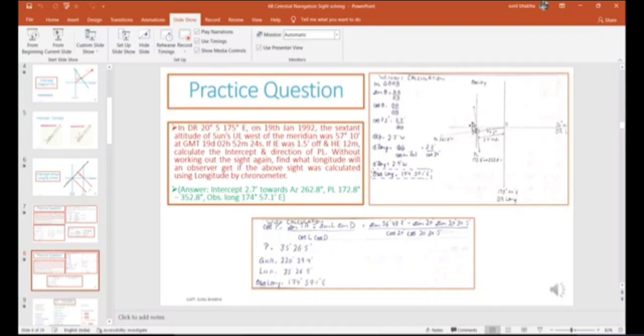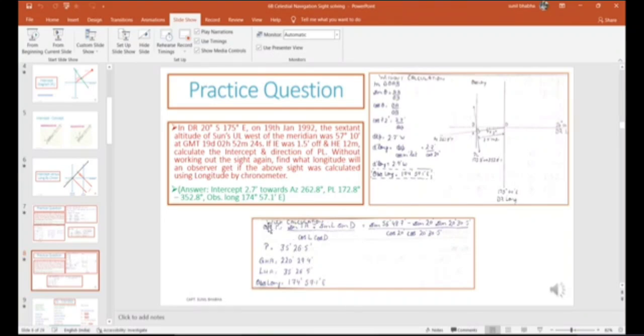This side OB is basically the departure between the DR longitude and the observed longitude. So once we have the departure with us, we can convert it into D long using the departure D long relationship, and that gives us the D long as 2.9 minutes west. So apply this to this particular longitude 175 east, and you get the observed longitude as this one.